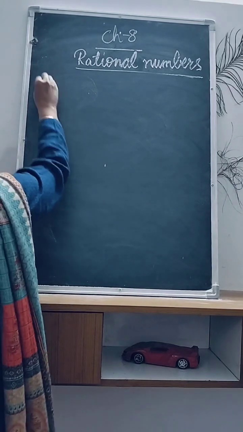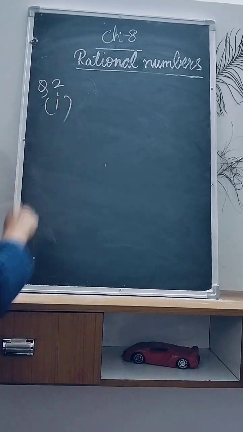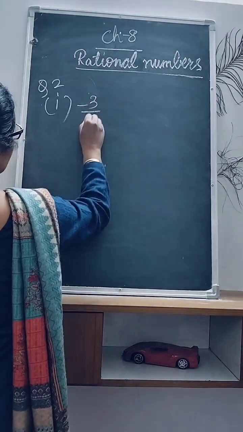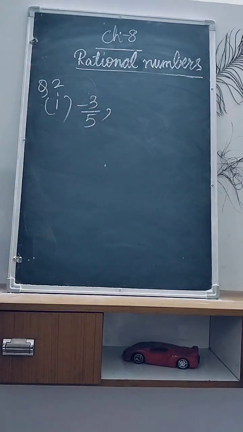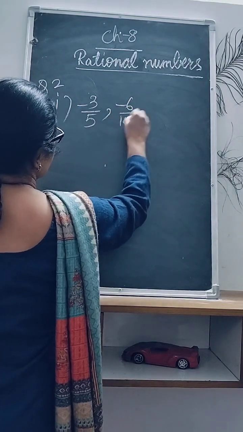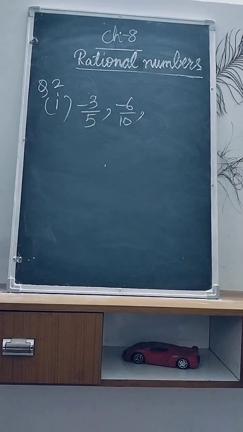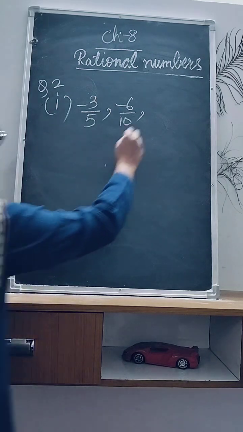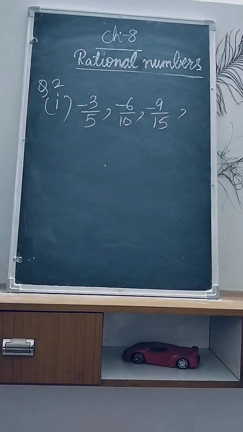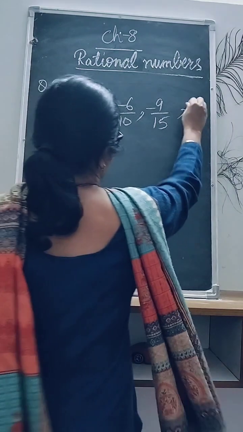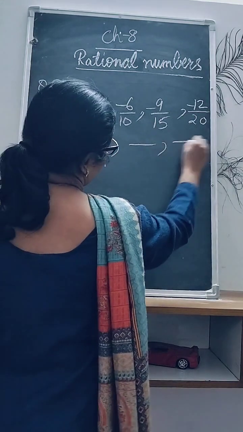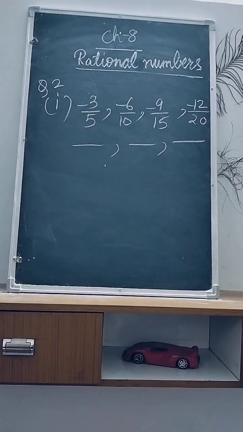In question number 2, first part, it is written minus 3 by 5, minus 6 by 10, minus 9 by 15, minus 12 by 20, and so on. Let us find more.